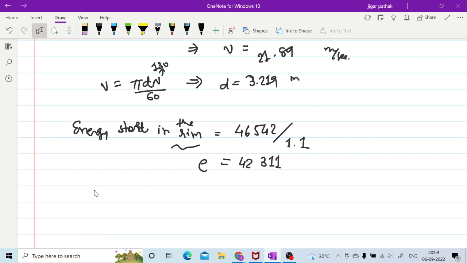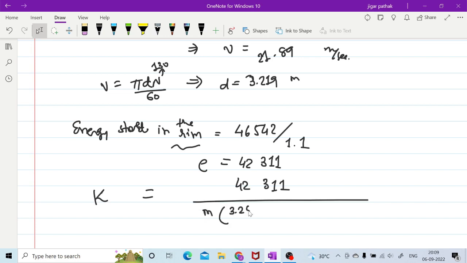So once you consider this E, your K is this 42311 upon I omega square. I is mk square. Here the diameter is given, I guess. So this is mk square. Radius of gyration is 3.285 by 2, and omega is 2 pi n by 60, that is 2 pi into 130 by 60, square, right?